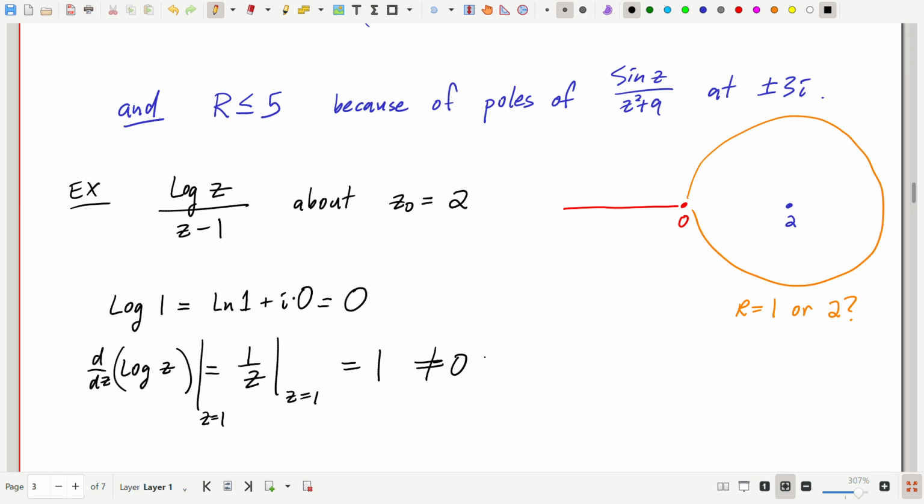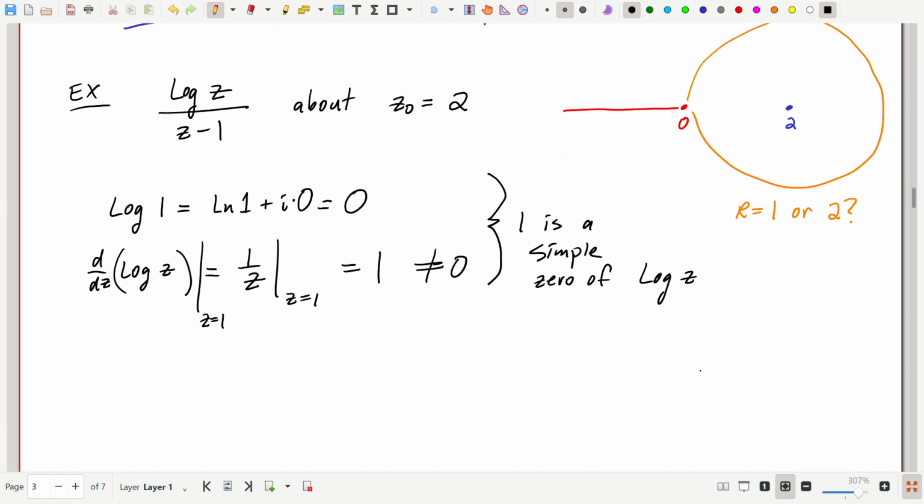So 1 is a simple 0 of the log function, of the principal branch of the log. So in fact, log z over z minus 1 has a removable singularity at 1. So if I give it the proper value there, I'm dealing with an analytic function that's analytic on that whole disk of radius 2. So the correct answer is 2.